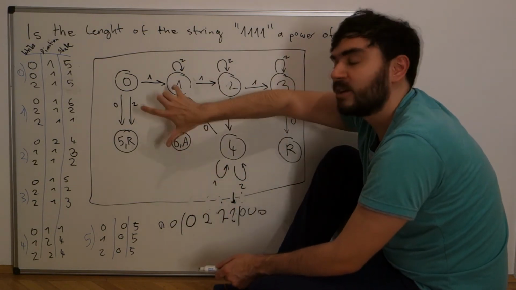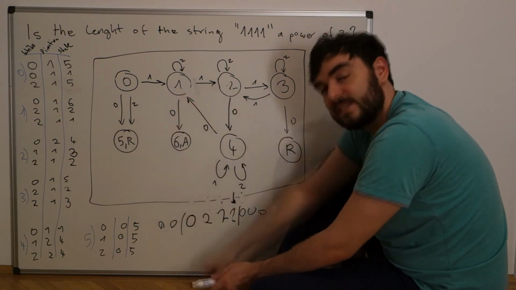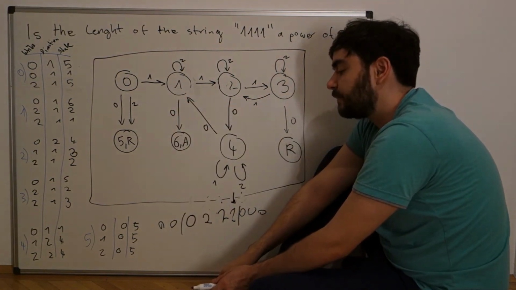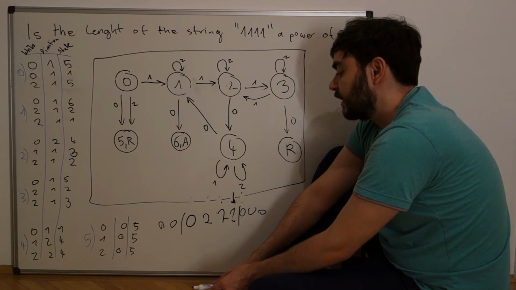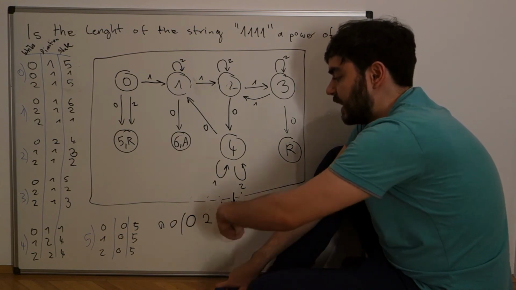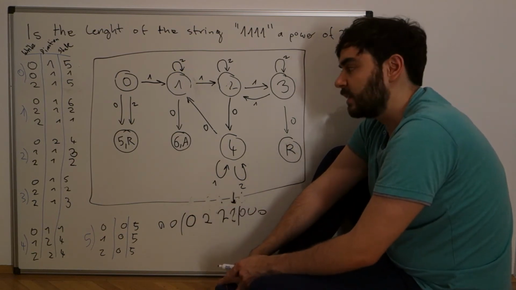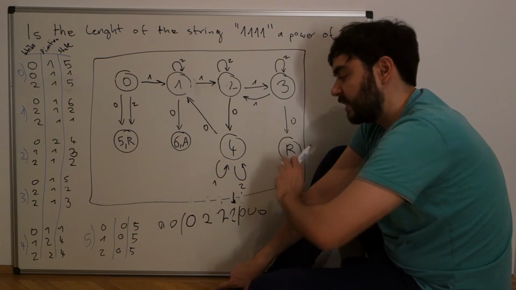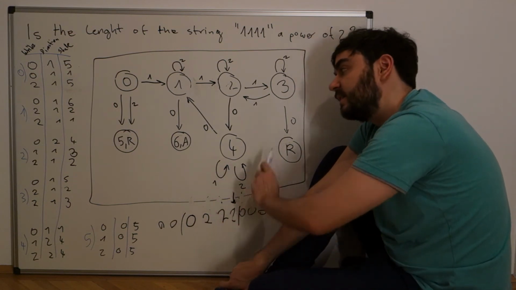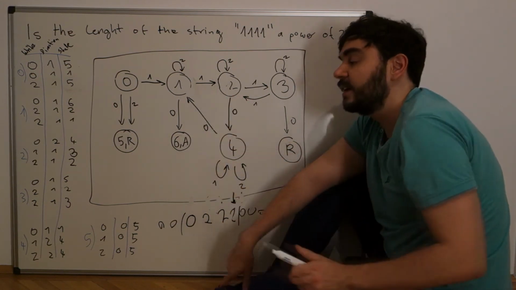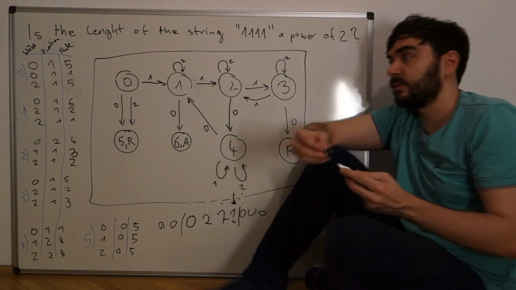It works exactly according to this board and these instructions. And eventually it will override this tape a couple of times until there are exactly the symbols that lead it to the acceptance state, if this is a power of 2.